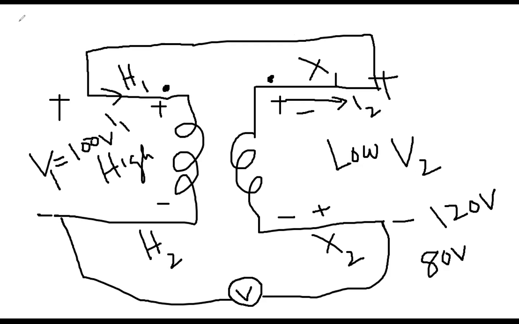For example, you have two 1.5 volt batteries, plus minus, and then plus minus. So this is one 1.5 volt battery, and this is another 1.5 volt battery. Then what will be the reading?